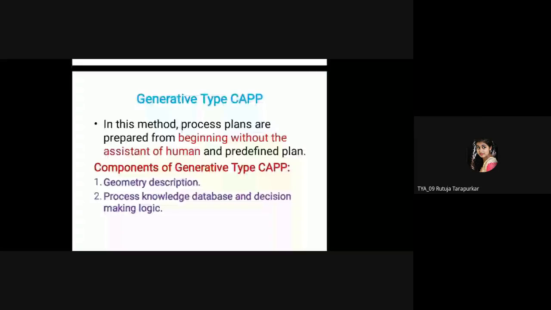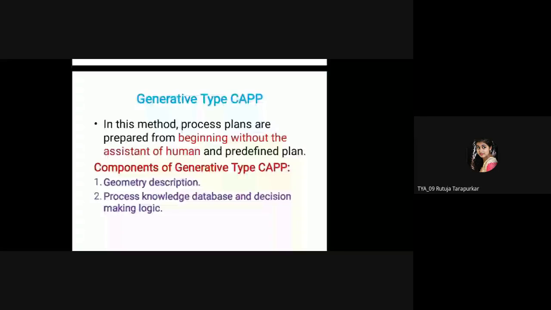Okay, it is required to match the part geometry requirement with the manufacturing capability using decision logic and database. It includes selection of the process, machining equipment or manufacturing equipment, work holding devices, jigs and fixtures, inspection instructions, etc. Okay, so this is the second type. In this, all the information and database required for actual manufacturing, from selecting the process and plan, to sequence, which equipment is needed for manufacturing, whether work holding devices are available, jigs and fixtures, inspection department information, and the instruments required for it. Okay, then no-go gauge, go gauge, CMM, visual inspection. So parameters like this come under this second type of generative CAPP.